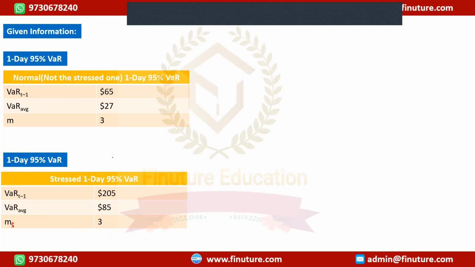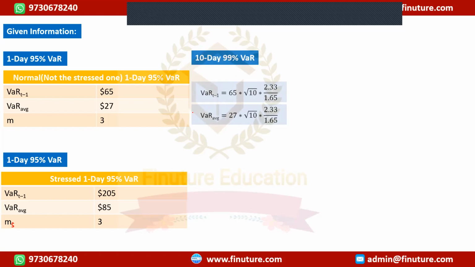So now let's see how we convert this 1-day 95% VaR to 10-day 99% VaR. We will just multiply 65 by root 10 for 10 days, and to convert it from 95% to 99% confidence, we will just multiply by the fraction, the Z factor of 99% confidence level over the Z factor of 95% confidence level, which are 2.33 and 1.65 respectively.